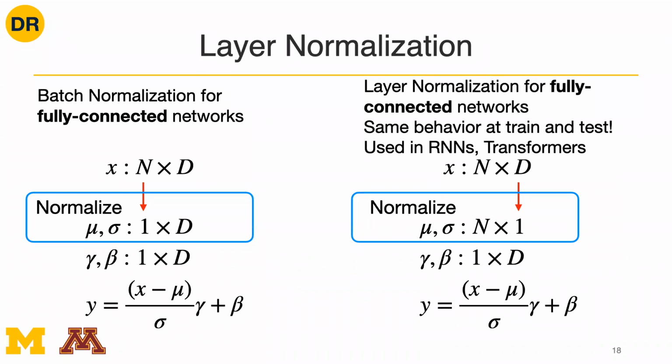They are still considered independently during testing time, so there is no discrepancy between training and testing. Is that clear? Earlier, batch normalization was doing normalization over the batch dimension. Here, we are doing it over the dimension of the input. This will be commonly seen in RNNs and transformers, which we'll talk about in the next lectures.